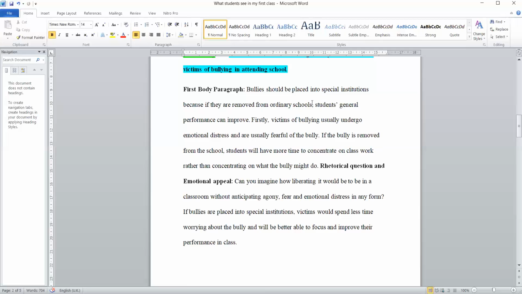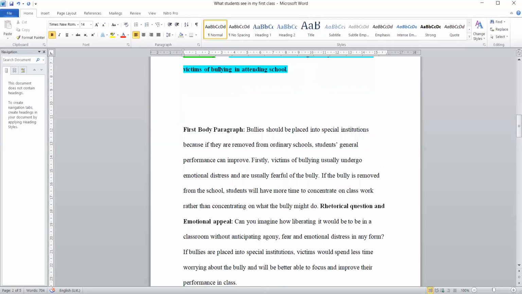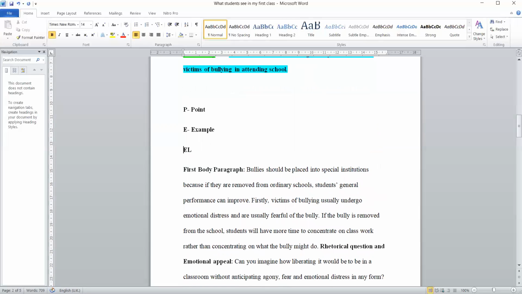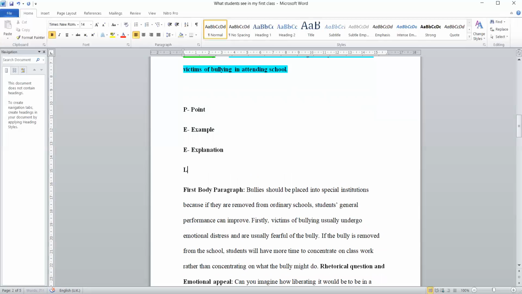So what you can use to remember how to write your body paragraphs is PEEL. You can use this. And what this means for the PEEL, you have your point, an example, you have explanation, and you link it.